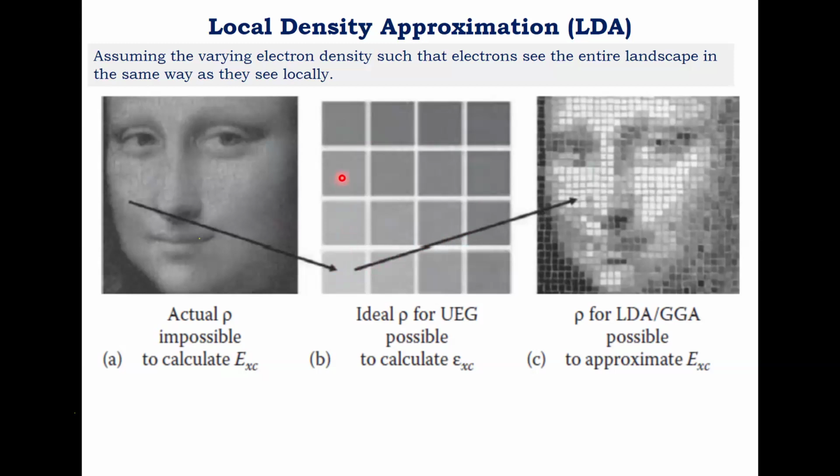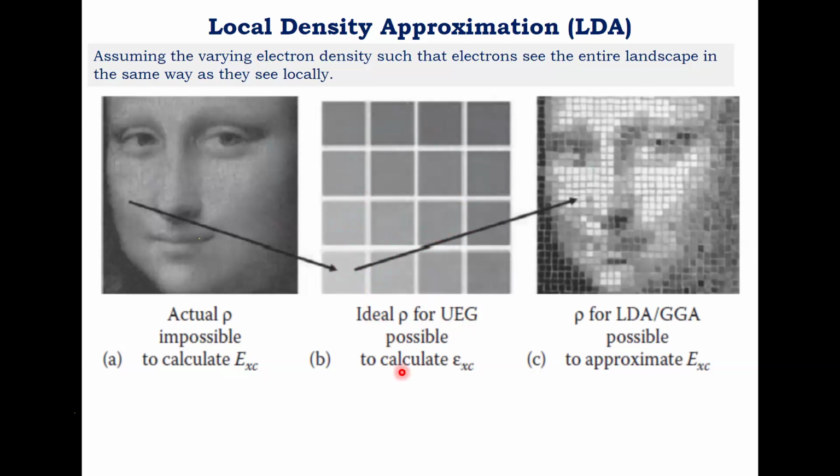Although the density may be slightly different in different boxes, within the same box it is constant. This can be done by taking the ideal uniform electron gas. You represent the real physical system using the uniform or homogeneous electron gas, bifurcate it into small boxes, say that the electron density is locally constant, and then calculate the exchange correlation energy.